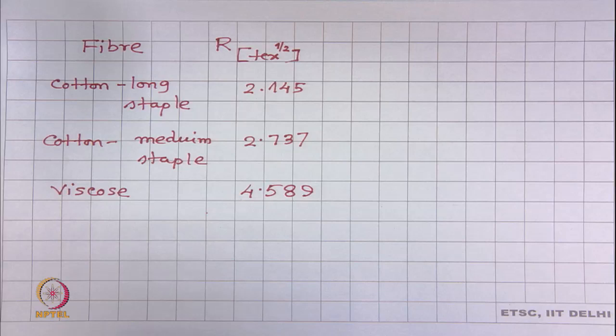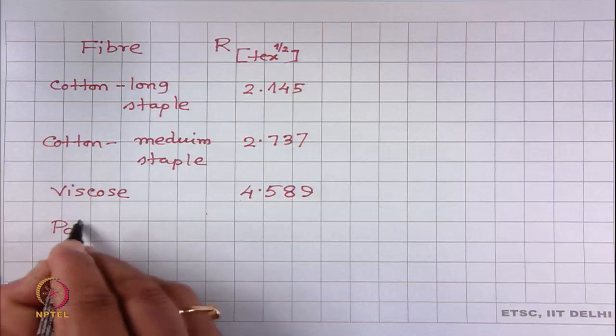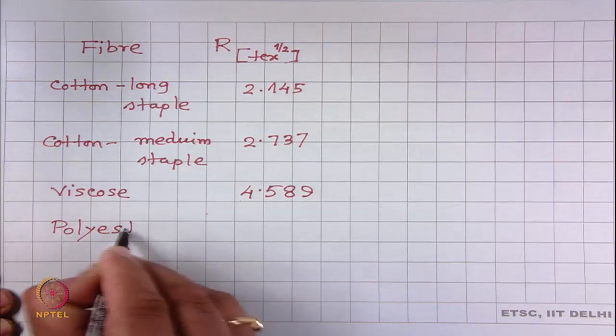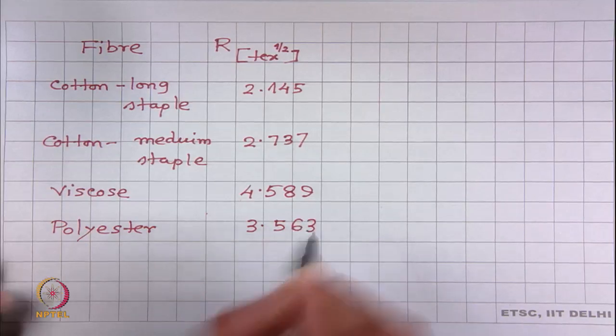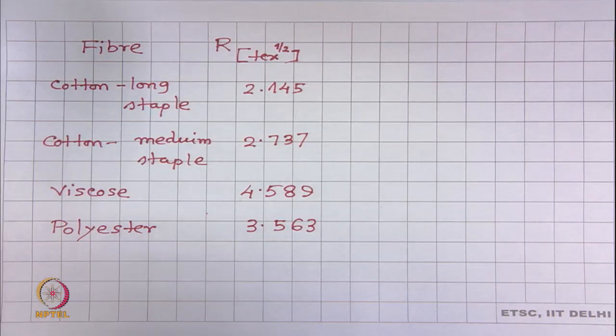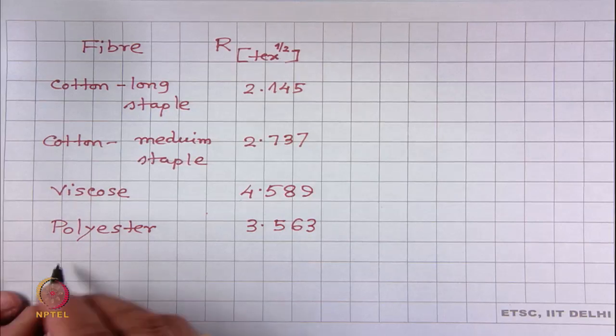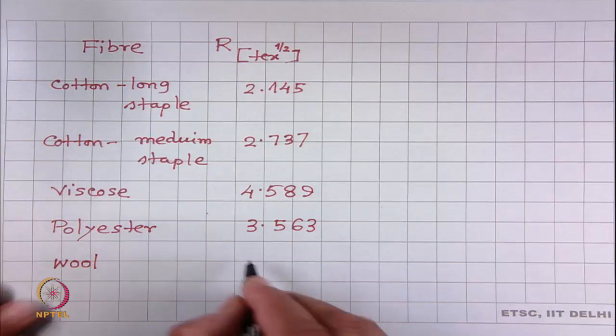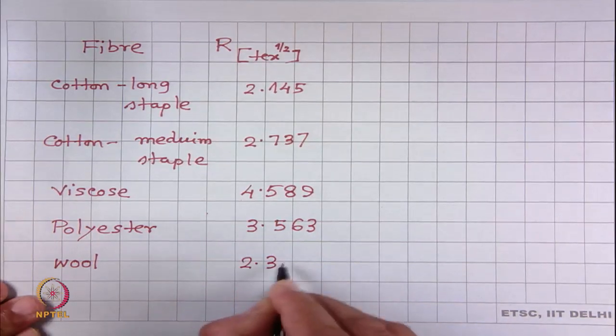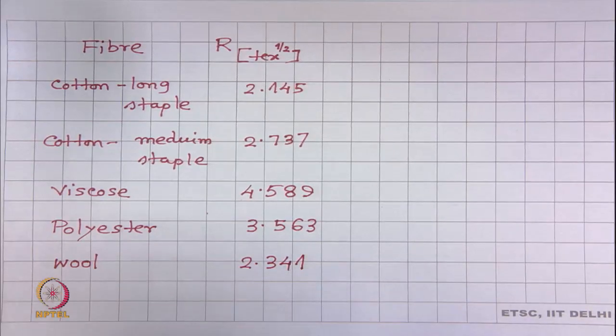What is the value of R for polyester? .563, and also a value of R is reported for wool fiber. What is the value? 2.341. So, these are the values of R reported in literature.